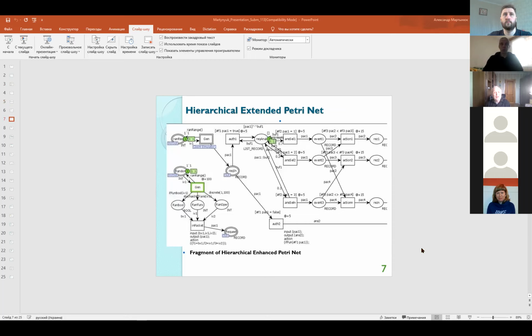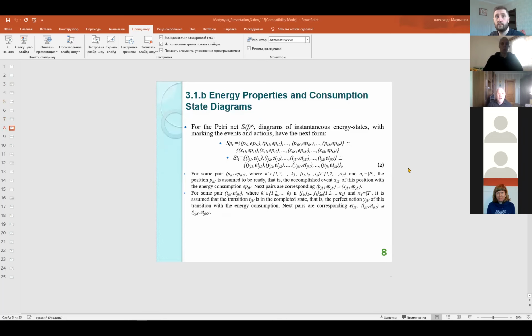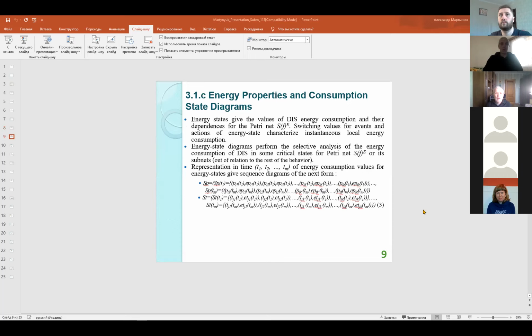This picture demonstrates a hierarchical extended battery net with energy consumption. For the battery net, diagrams of instantaneous energy states with marking and events and actions have the next form. Energy states give the values of this energy consumption and the dependencies for the battery nets.